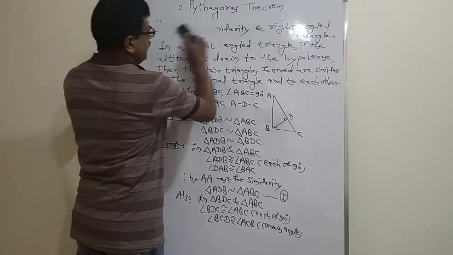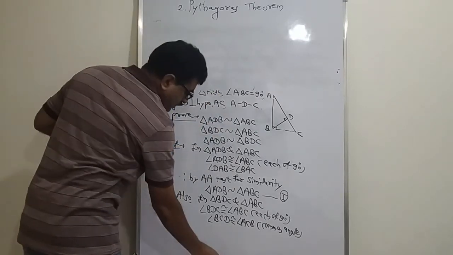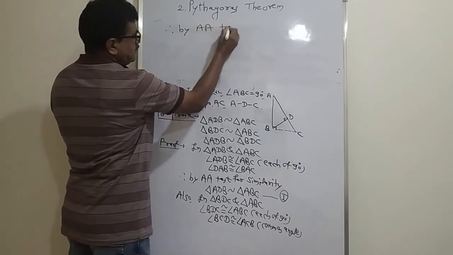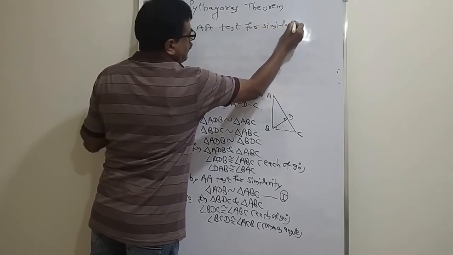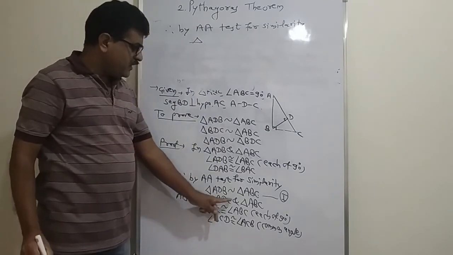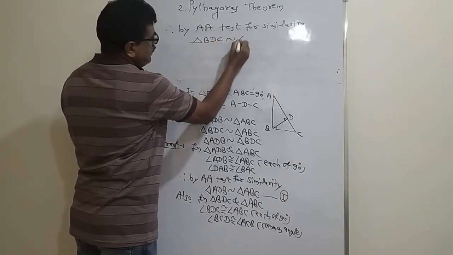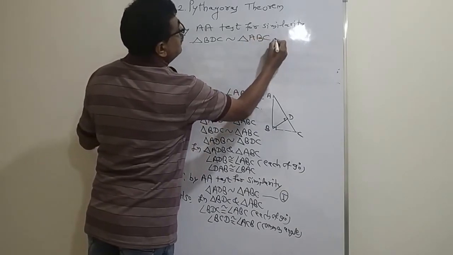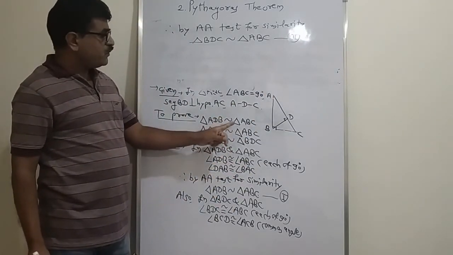Therefore by AA test for similarity, these two triangles are similar. Triangle BDC is similar to triangle ABC. This is number 2. Now we have proved first and second.